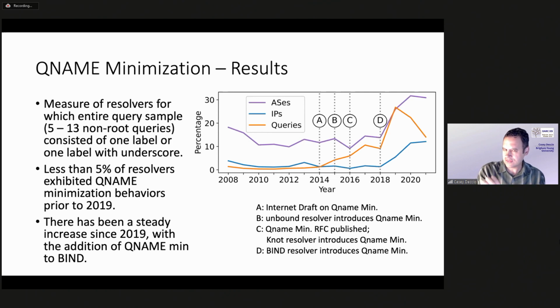Because of the queries you'd still need to see at the root regarding QNAME minimization that affected things. But in short, the answer is we're not really sure. We did some discussion about it in the paper, and I have to go back and double check on that. But it's a great question. So sorry, it's not a perfect answer, but I'll need to get the paper in front of me.